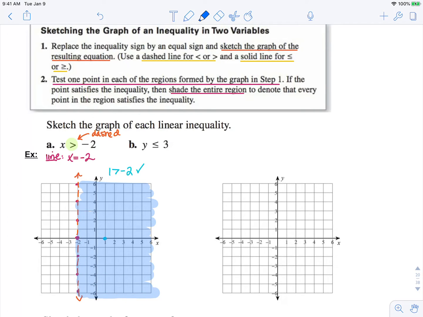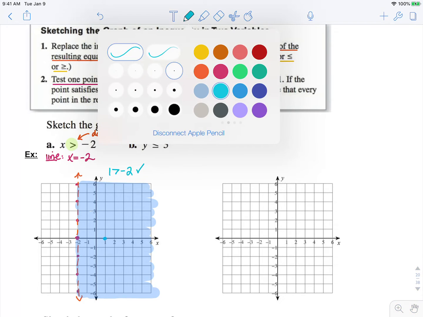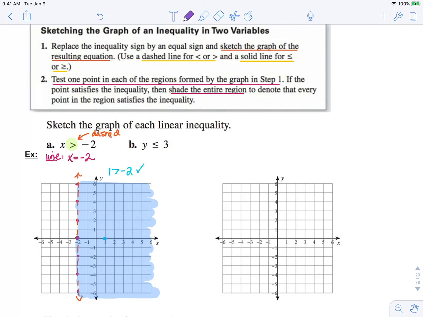So basically, any point on that side of that dashed line, not including the dashed line, would be a solution to this inequality.